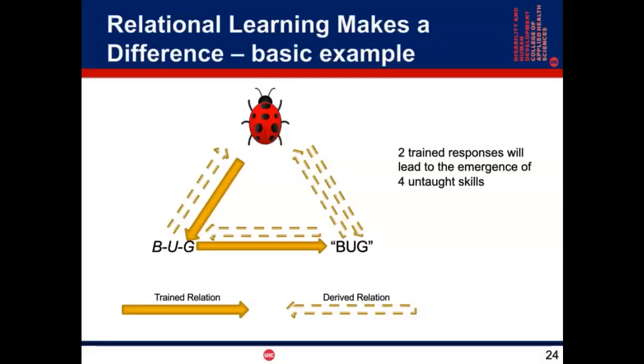So what we term a derived relation is something that the child infers on their own under conditions that we probe to see if it's there.